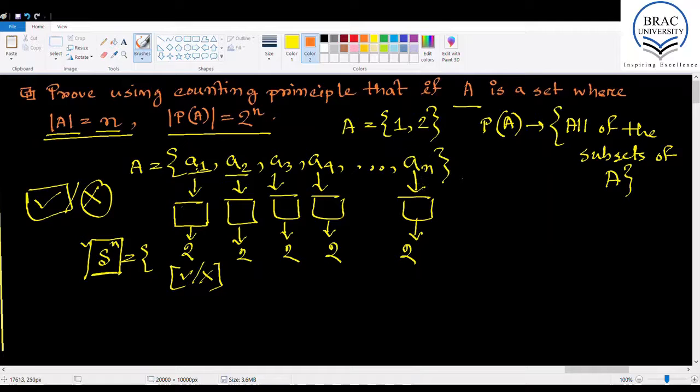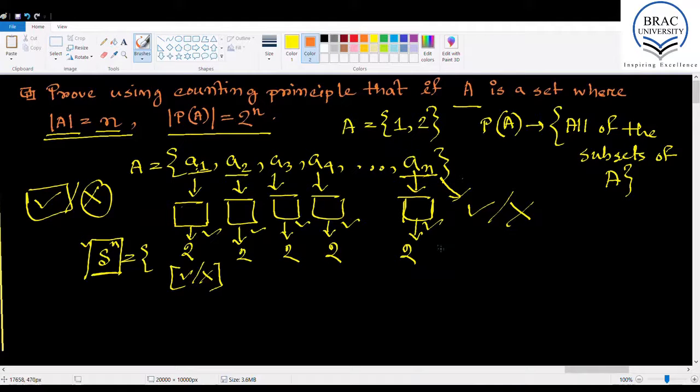We can either take an element or reject it, but we cannot keep any box void because it is meaningless. It will either be in S or be rejected from S. So we will have to perform all of these tasks.